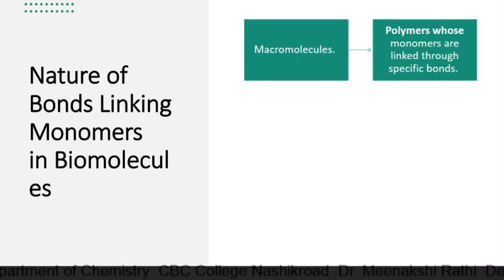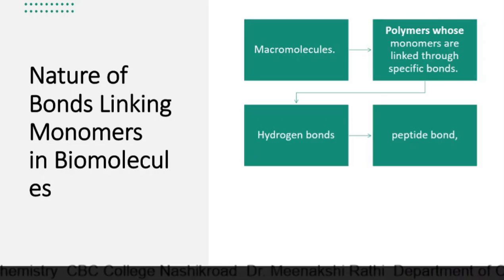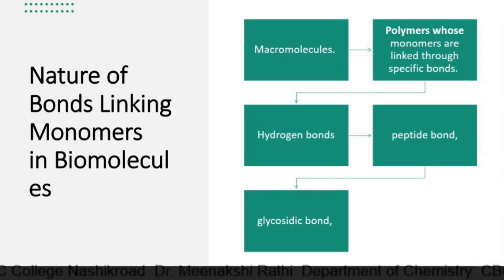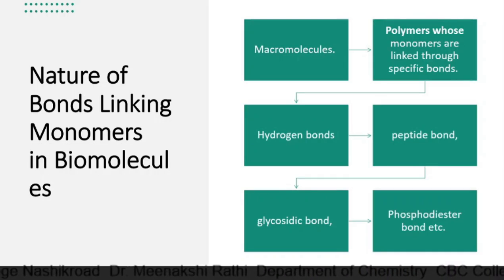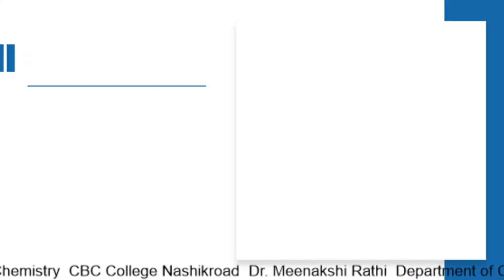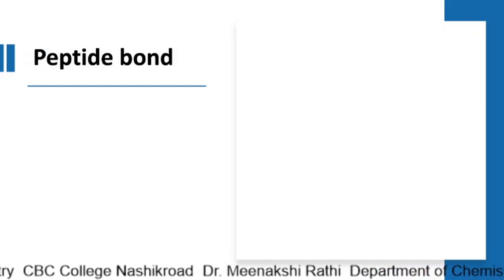We will be discussing some of these bonds like hydrogen bonds, peptide bonds, glycosidic bonds, phosphodiester bonds, to understand the linking present in the monomers of the natural polymers. Now we'll see first peptide bond.